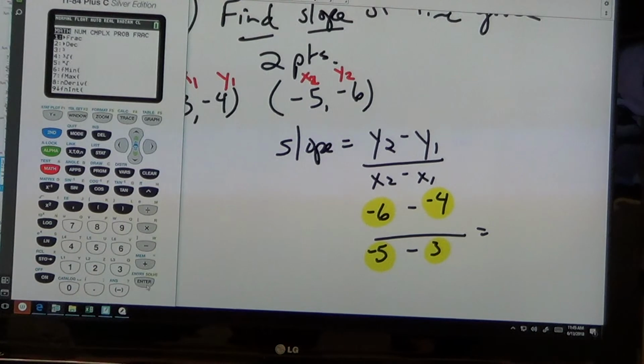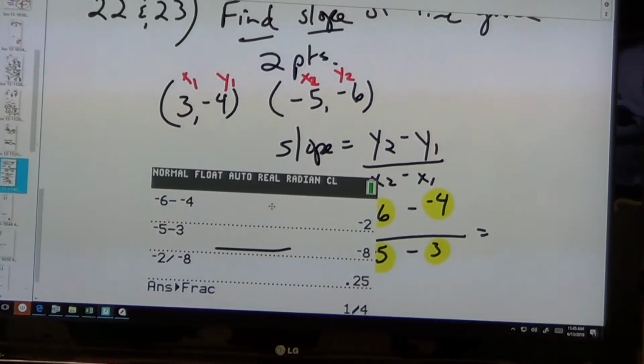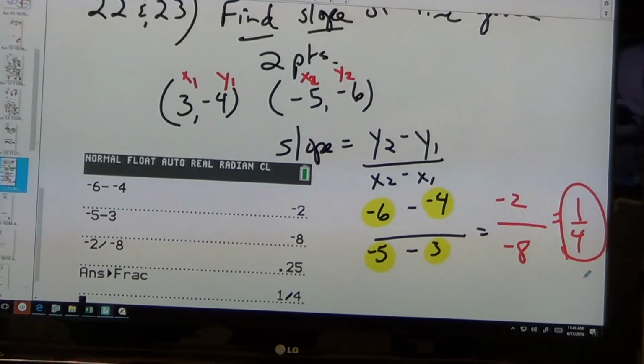And then you turn it into a fraction. So your top answer was -2. My bottom answer is -8. So my slope is going to be 1/4. You're going to have 2 of those.